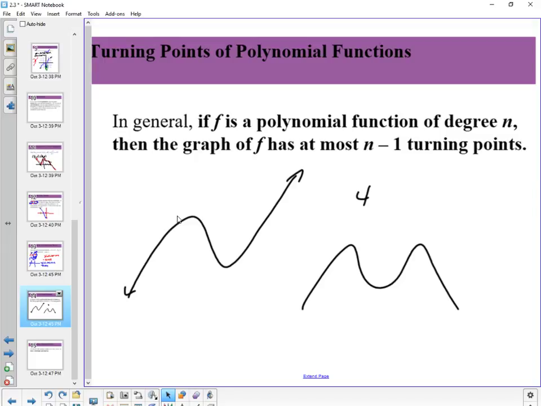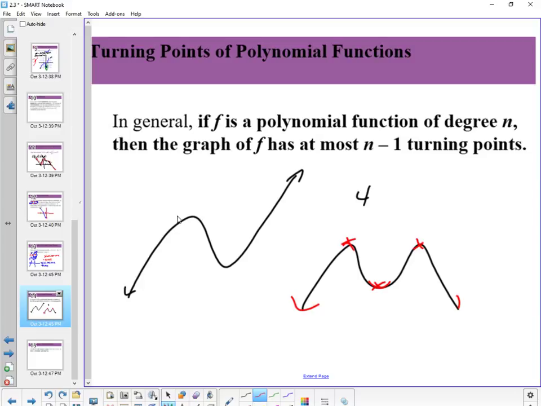Questions on turning points, ask me a question. I know it's supposed to be 3, but why do I see 4? On which one? That's just the turning points. It turns here, and it turns here from being negative to being positive, and then it turns here from being positive to being negative again. There's only 3 turning points.